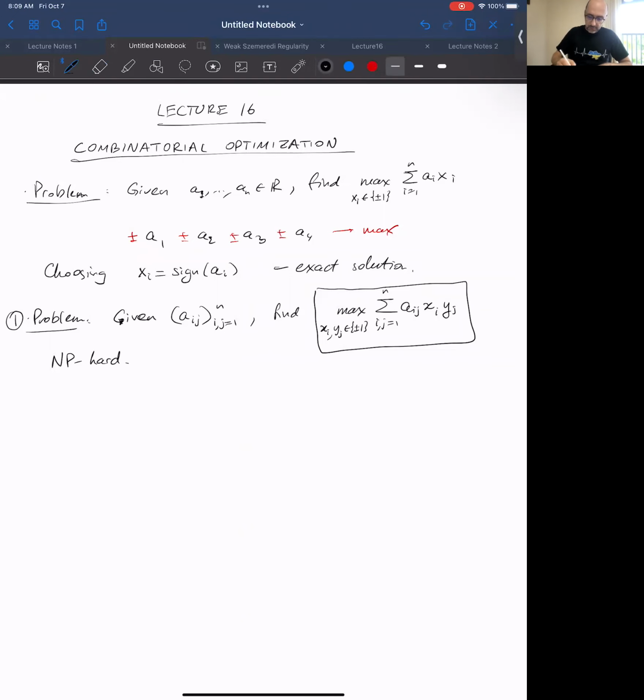It is an NP hard problem. It is an integer problem where the xi's and yj's are not only integers, we restricted them to plus or minus 1. And it is also quadratic, or actually bilinear.